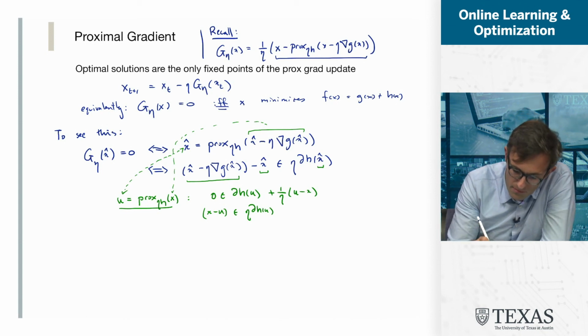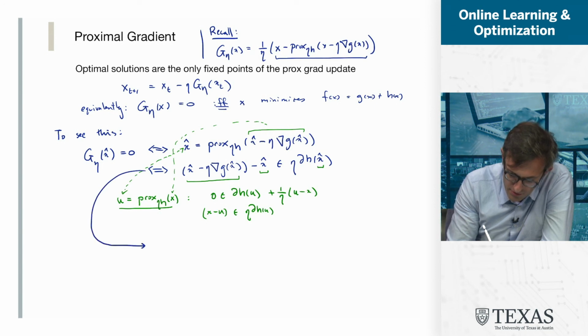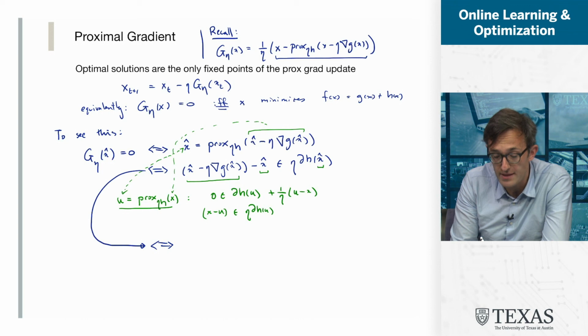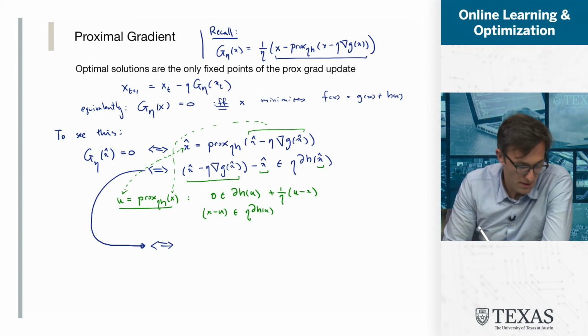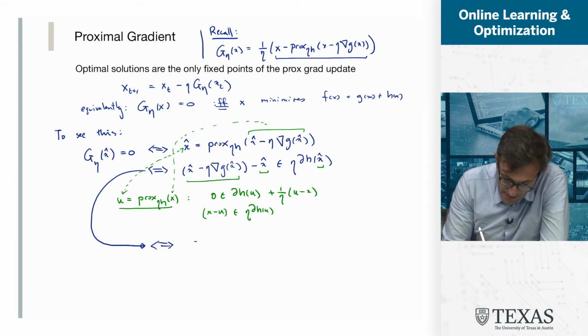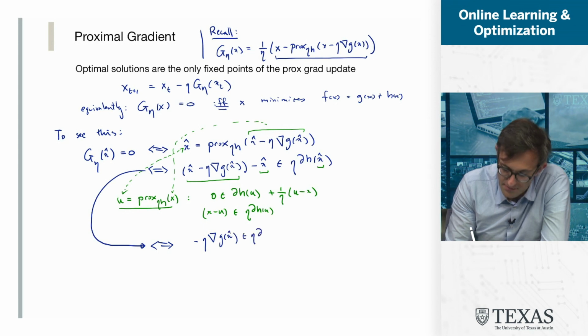So back to that other color, let's continue down here. This is just rewriting, noticing that I have x hat minus something minus x hat. The x hats go away. So this is telling me that minus eta times the gradient of g of x hat is an element of eta times the subdifferential of h of x hat.